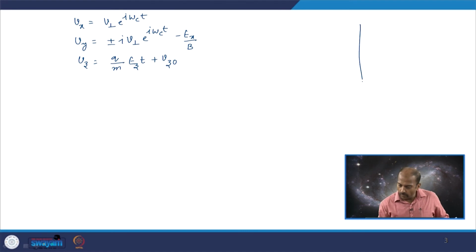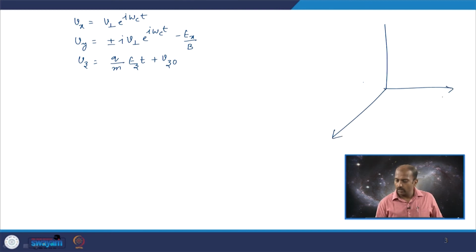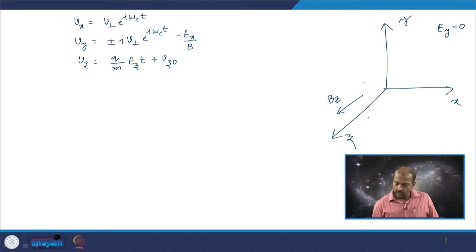Now, what are we trying to achieve here? We are trying to understand how the particle moves when it has both electric and magnetic fields. This is the field alignment that we have taken. This is the x axis, this is the y axis and this is the z axis. E along the y axis is 0, the magnetic field is along the z axis, the electric field is in the xz plane, right.